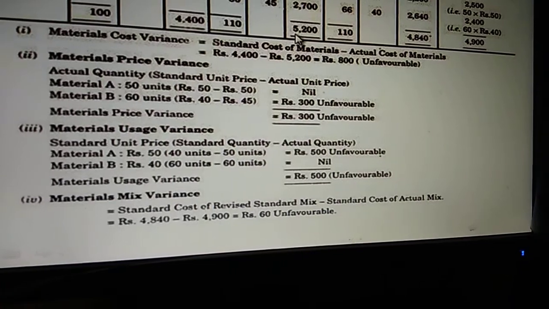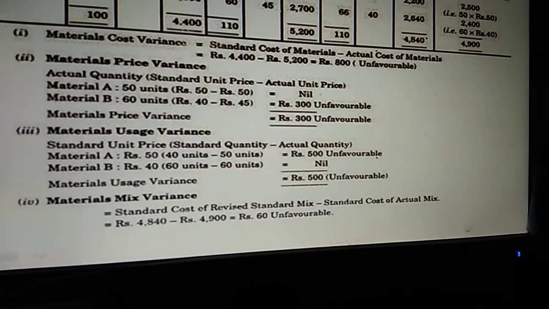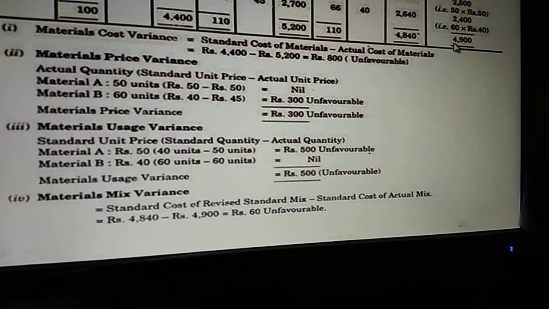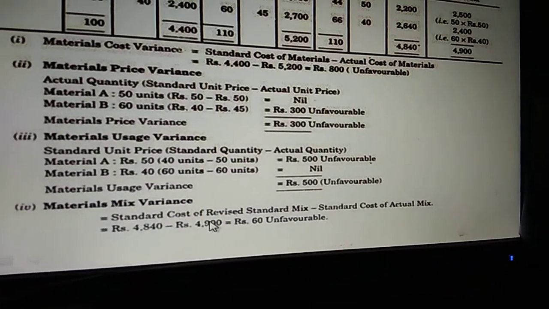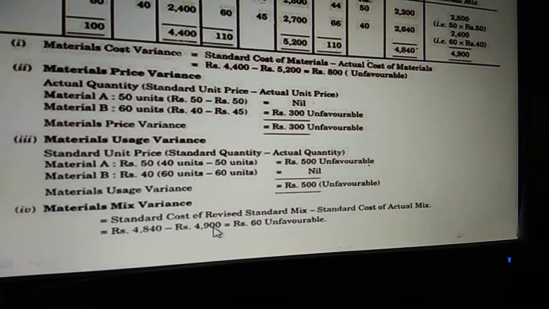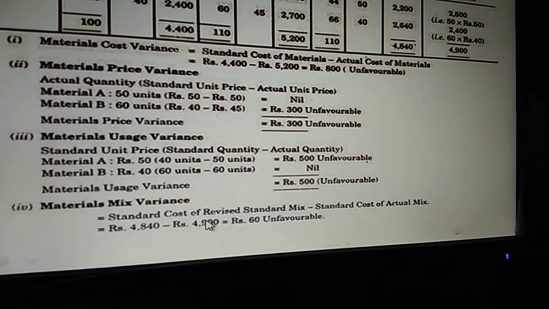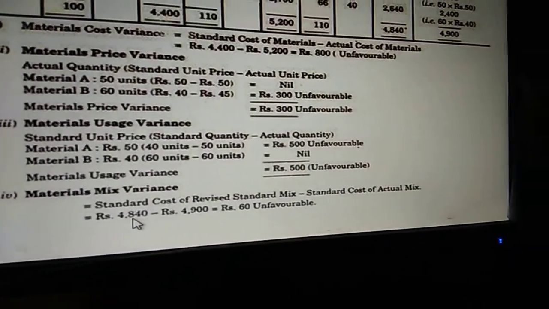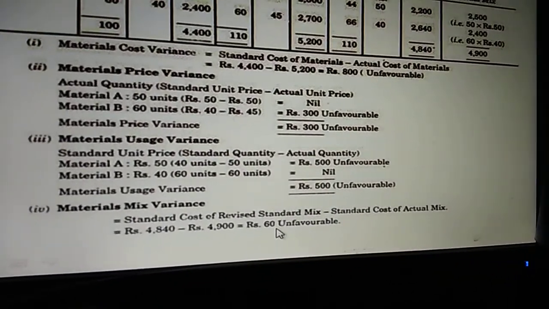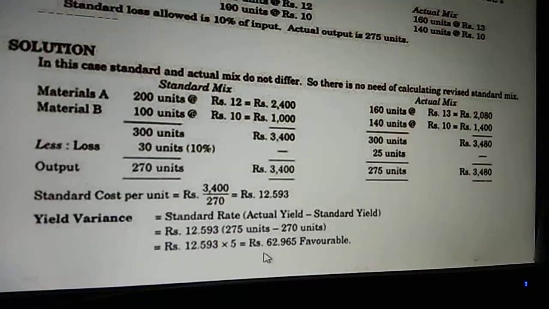Standard cost of actual mix is 4,900. So the difference is 60. Again, the standard cost of actual mix is more than the standard cost of revised standard mix, so by 60 rupees it is adverse or unfavorable.